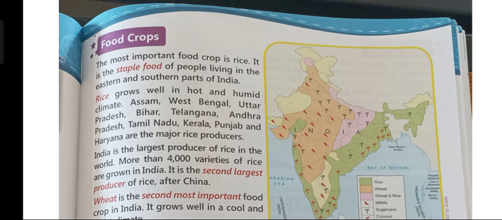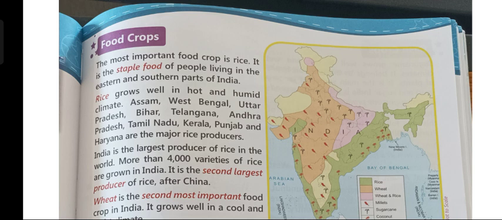India is the largest producer of rice in the world. More than 4,000 varieties of rice are grown in India. It is the second largest producer of rice after China. So, children, rice is the most important food crop that is grown in India.